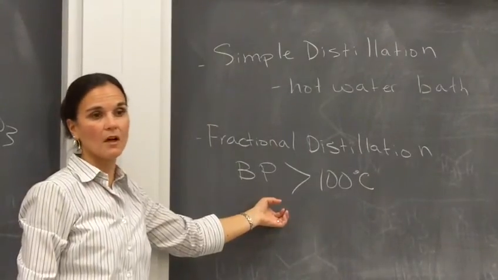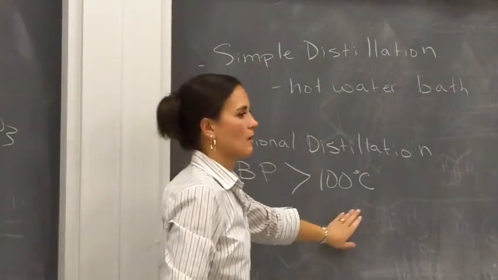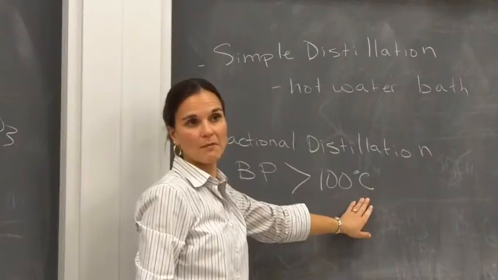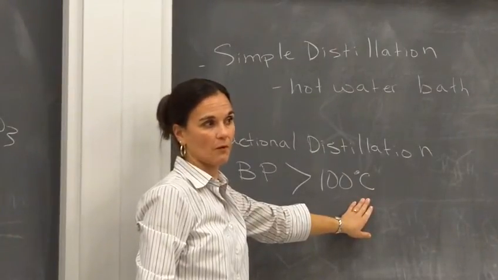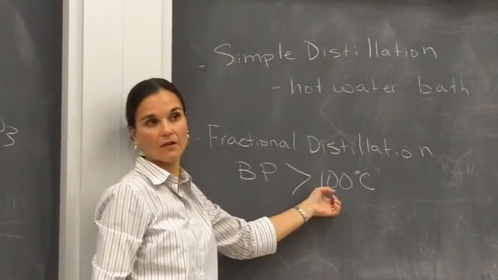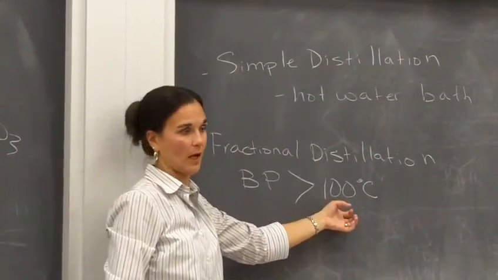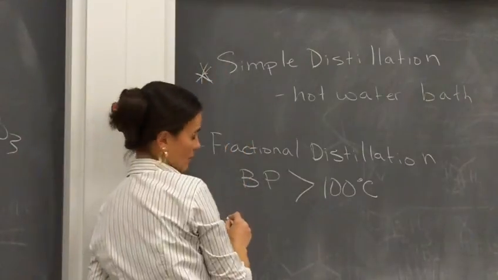A lot of times they'll be listed as something lower than that, but then it'll say like 20 millimeters of mercury next to it. That means it was collected under vacuum, not at atmospheric pressure, okay? So you need to find the atmospheric boiling point of your alcohol so you know what you're looking for this distillation, okay? This one has to happen this week.